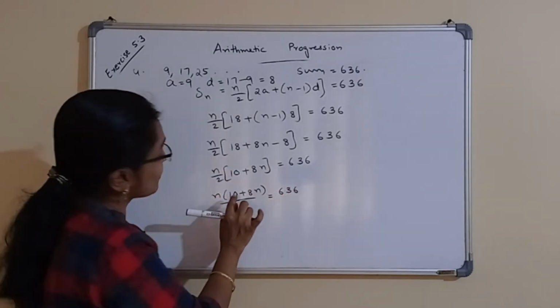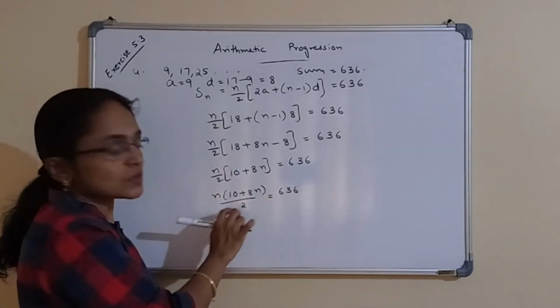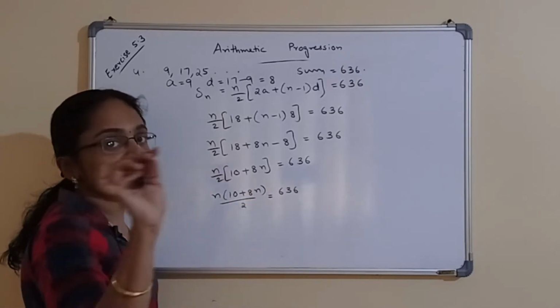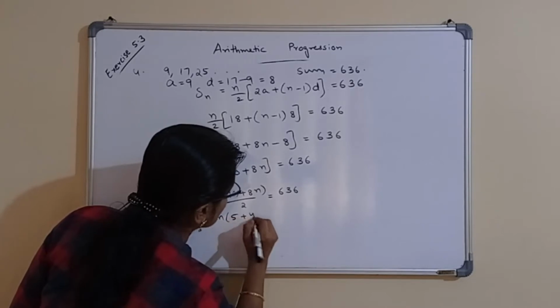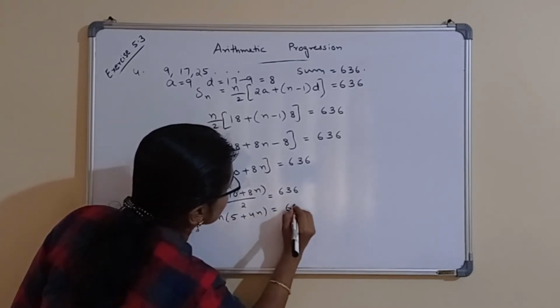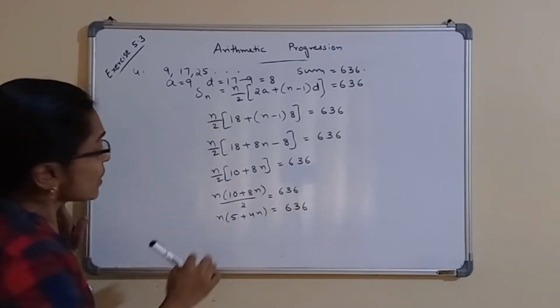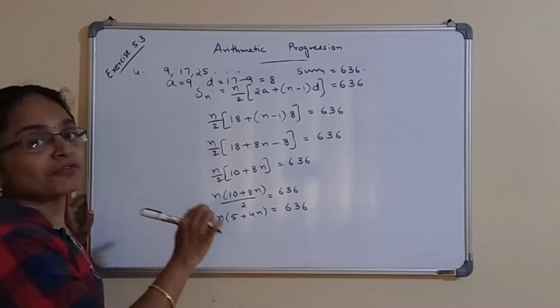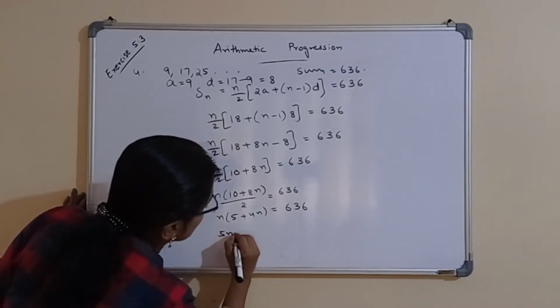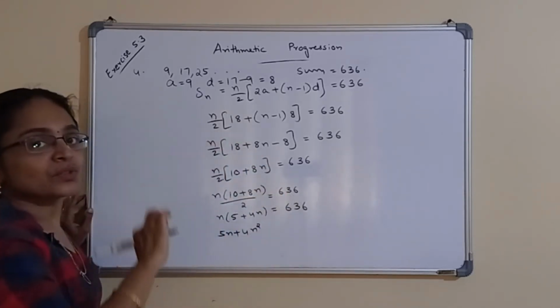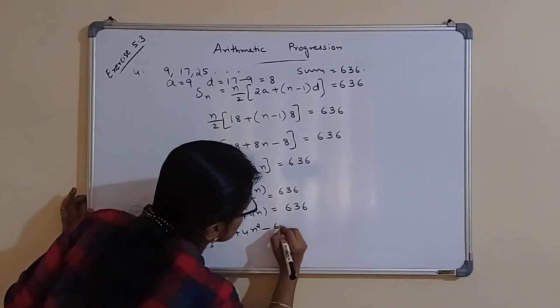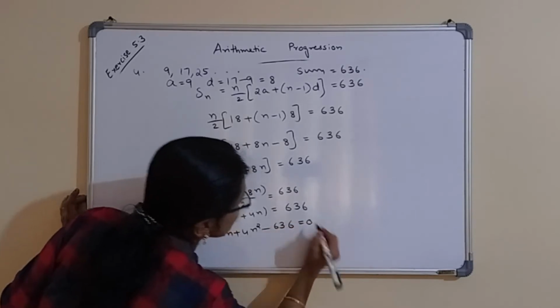And we can divide these two terms by 2 because this is divided by 2. So, we will get n into 5 plus 4n is equal to 636. Now, we can multiply this. 5 into n is 5n and 4n into n is 4n square, and take this to the left hand side: minus 636 is equal to 0.